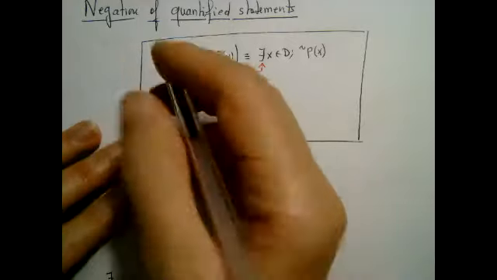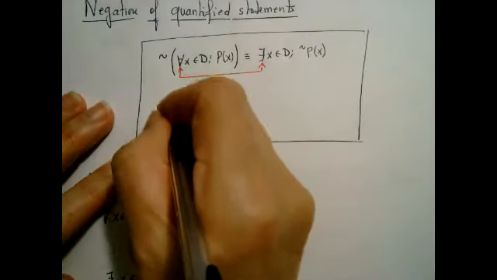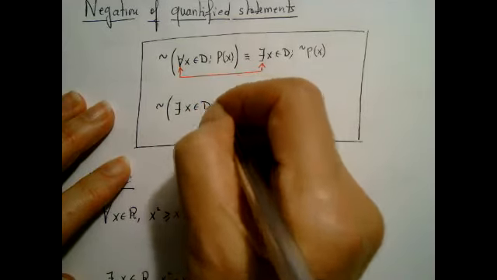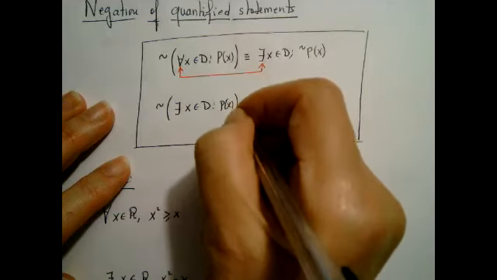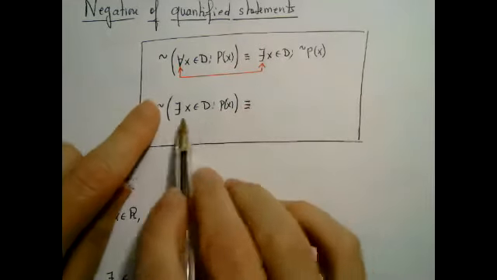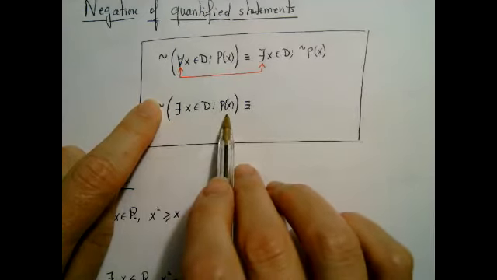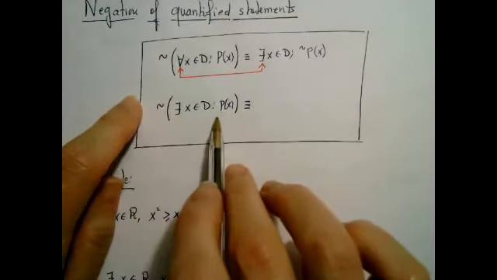Now, what's the negation of "there exists"? So now I'm going to reflect how can "there exists" be false. This could be false if every x makes this false. This is false, so the negation should reflect that.